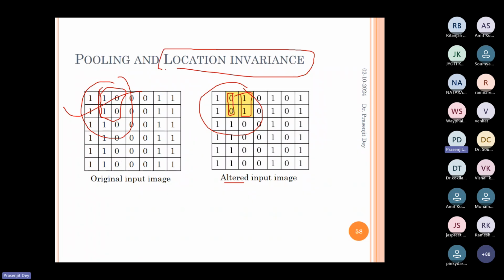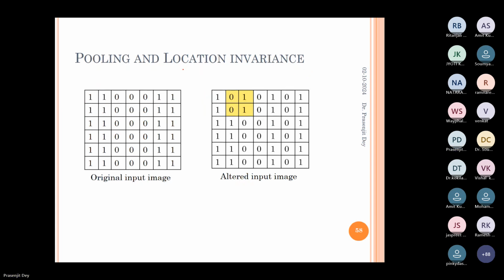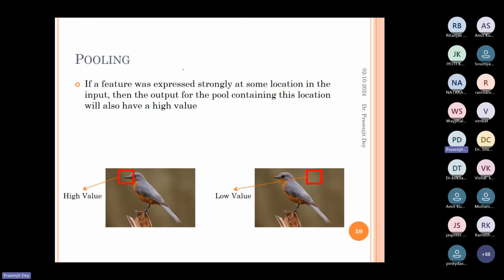So pooling makes our model location invariant. Even if there is any problem with location in your data output, pooling can handle it. And that is why pooling should be used after applying convolution. And I suggest go for max pooling.